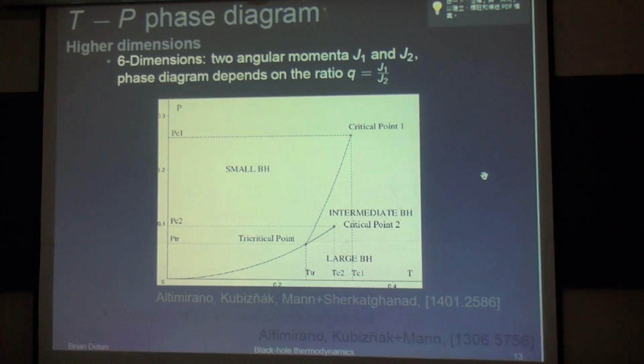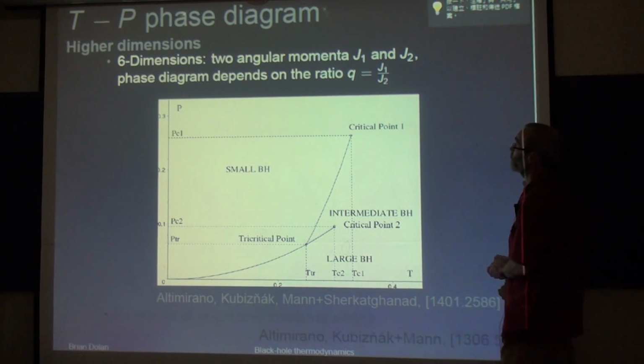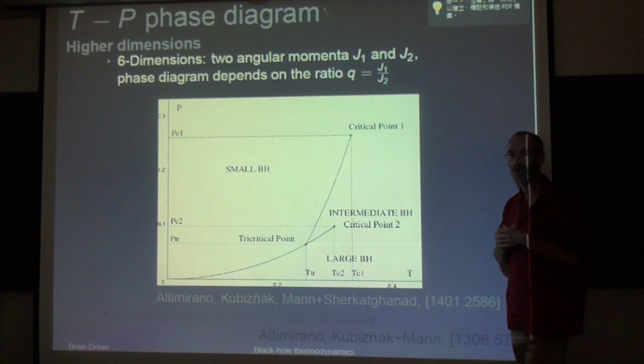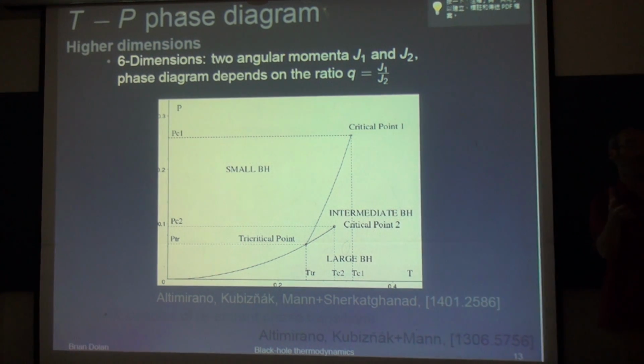Interesting things happen in higher dimensions. In 6 dimensions, or in 5 dimensions as well, in fact, there are 2 angular momenta. For black holes in 4 dimensions, the event horizon is a 2-dimensional sphere, so the largest symmetry you can have is SO(3) symmetry, and there's only 1 angular momentum associated with it.